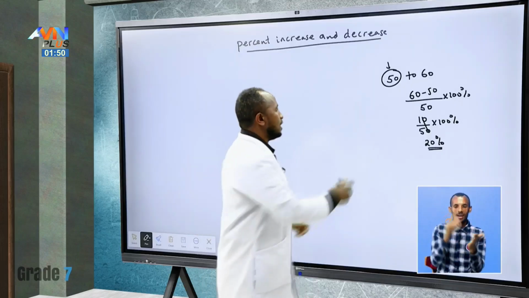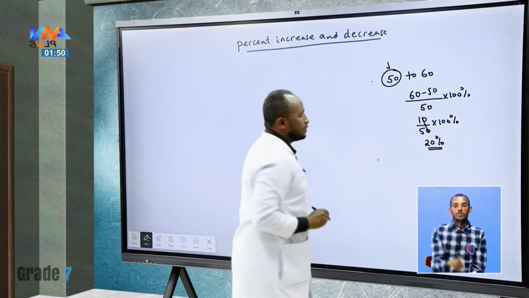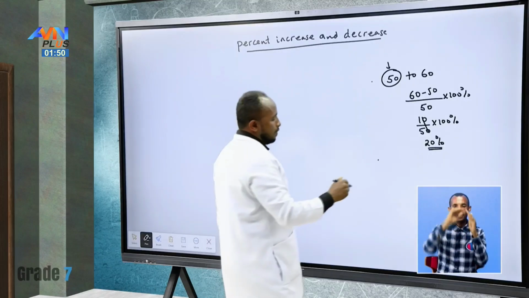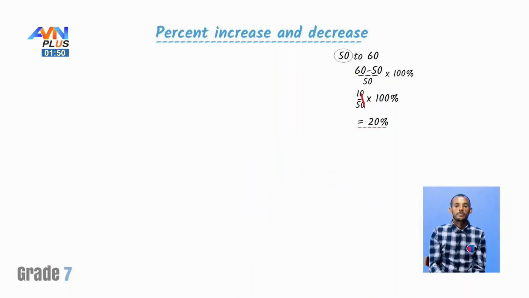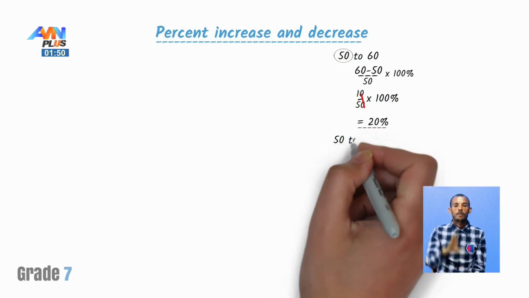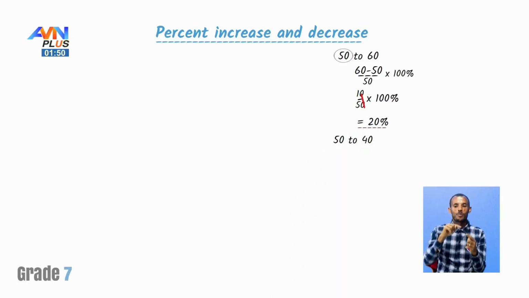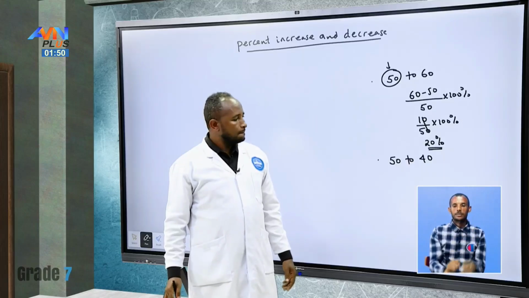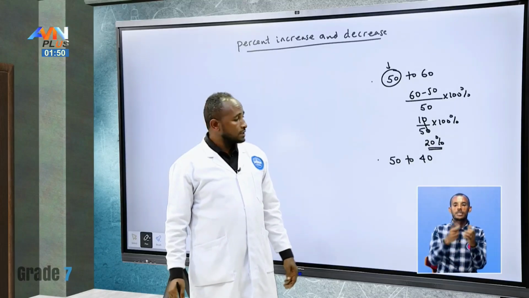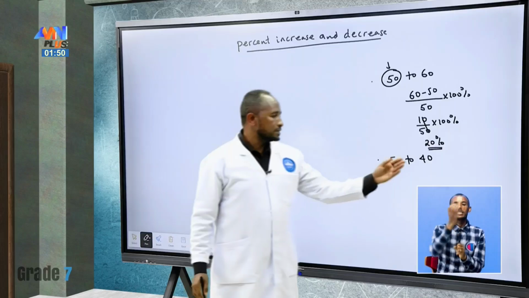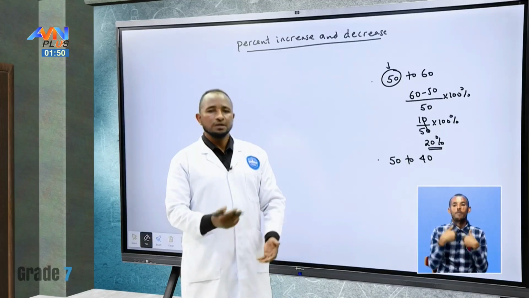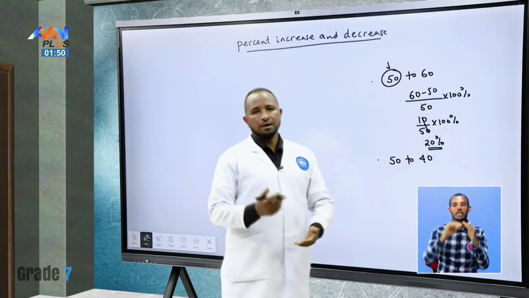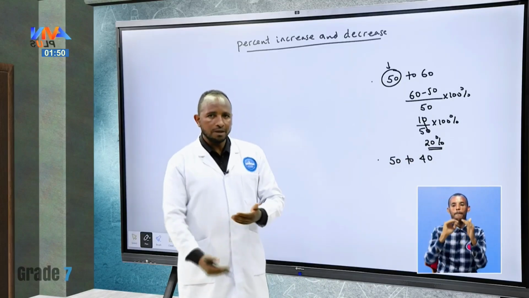Again, if you are asked to calculate percent decrease, what's the percent decrease from 50 to 40? In this case, to find the percent decrease, first you have to calculate the decreased amount. This number is decreased by what amount? It's decreased by 10.